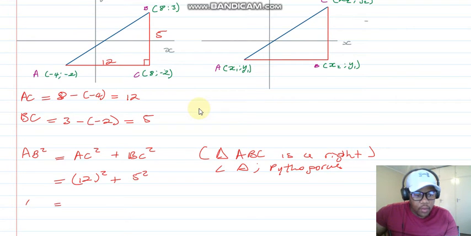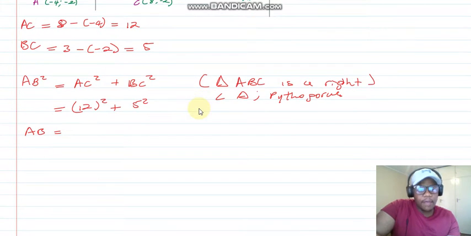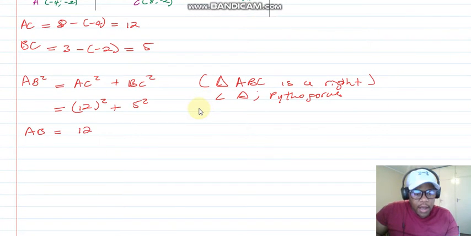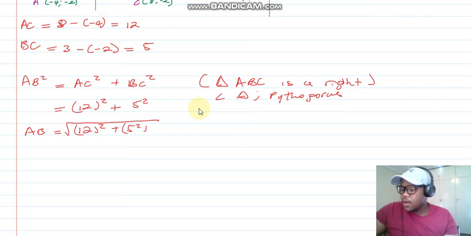However, we want AB, we don't want AB squared. So we're going to take 12 squared plus 5 squared, and we're going to give it a square root.